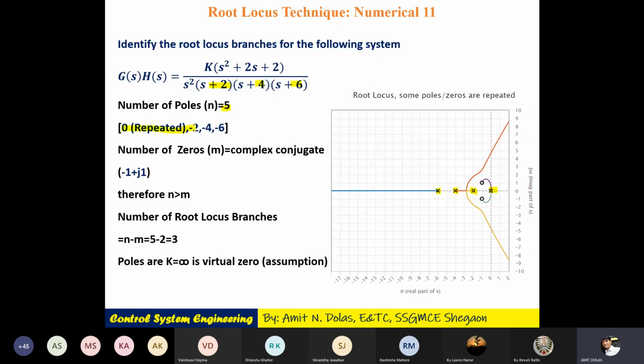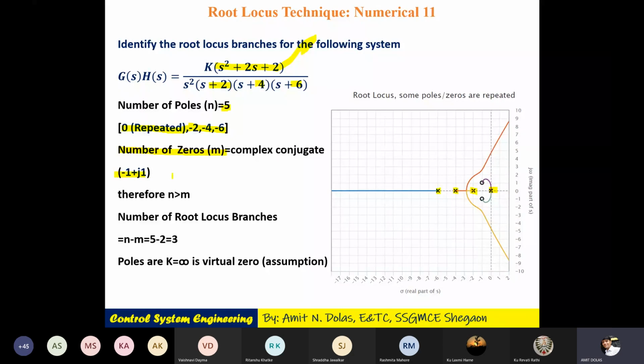What about the number of zeros? For the equation s square plus 2s plus 2, we can't do partial fraction separation. So we go for the complex conjugate equation and we get two complex zeros. That is -1 plus j1 and -1 minus j1.